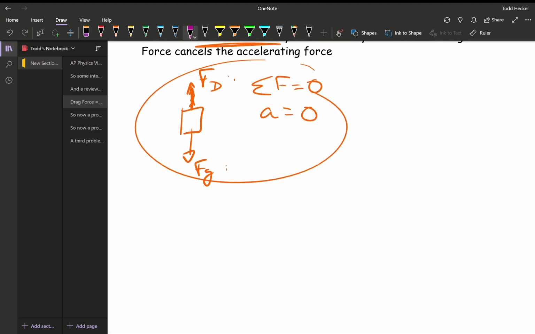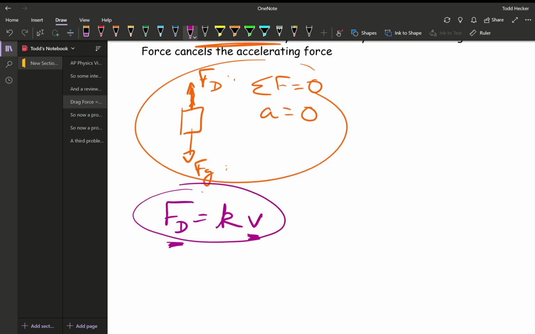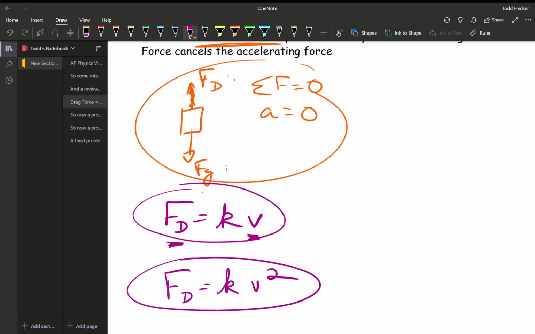They'll say, suppose an object is moving and there's a drag force that is equal to some constant k times v, all right? So basically it's just saying that as your velocity gets bigger, so does your drag force, right? So sometimes they'll express the drag force like this, and then other times, for reasons that I have not yet been able to figure out exactly why they do this, sometimes they write it as kv squared, okay? So we need to know how to solve these two problems, all right?